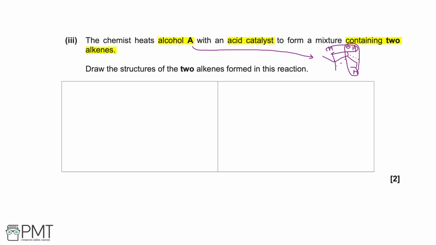So our two products, they're both going to have that 4 carbon chain that we started with, and the methyl group, but one is going to have the alkene here, the carbon-carbon double bond there, and one is going to have it here. And neither of them have the alcohol group. In this question, you'll get 1 mark for each of the structures.